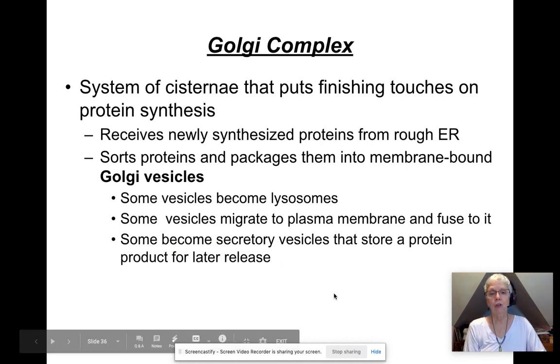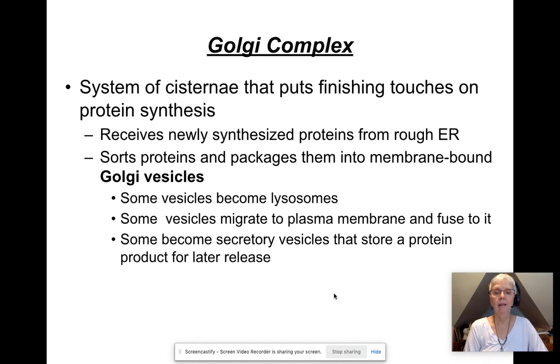Then we have a Golgi complex, and this is a system of cisterna that finishes your protein synthesis. It receives newly synthesized proteins from the rough ER, sorts them, packages them, and then in a vesicle sends them out to the cell.